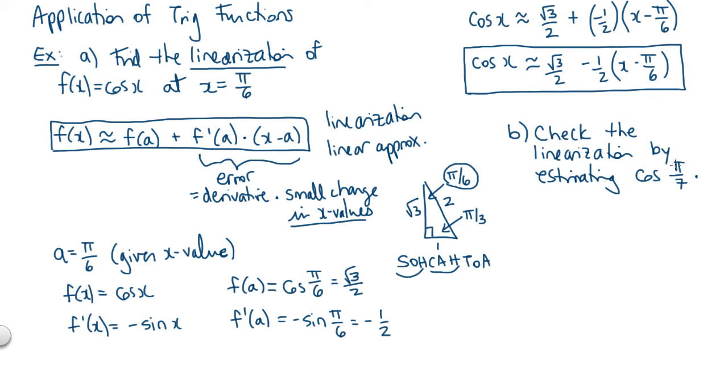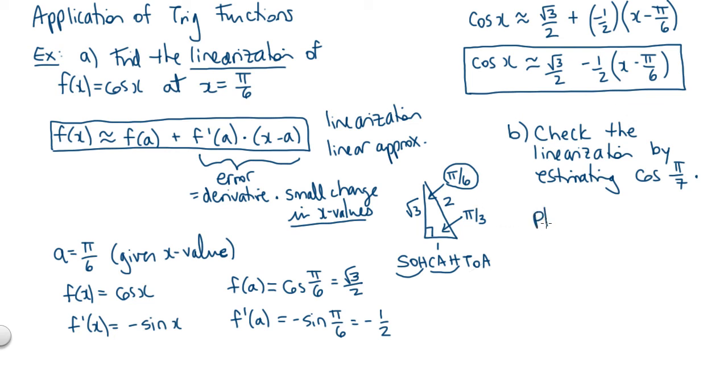Well, pi over 7 is not one of our special angles, so cos of pi over 7 is not a value that we would know off the top of our heads. But pi over 7 is pretty close to our a value of pi over 6. So if we try evaluating cos pi over 7 using this formula, that will be a good way of checking the linearization. We'll see if we get a decent answer here.